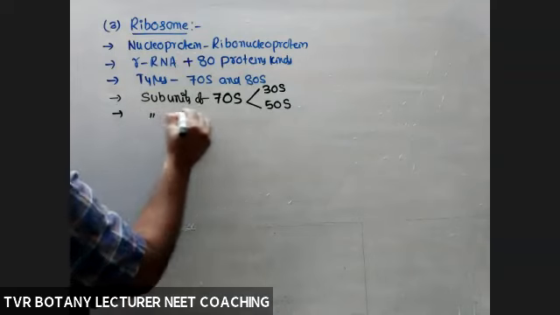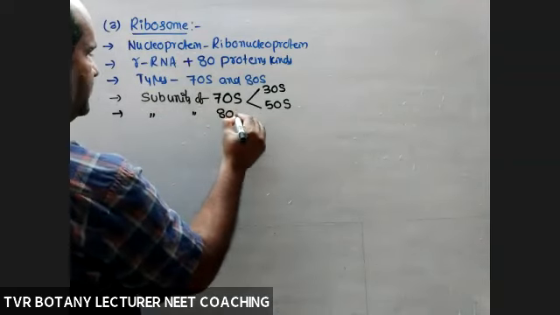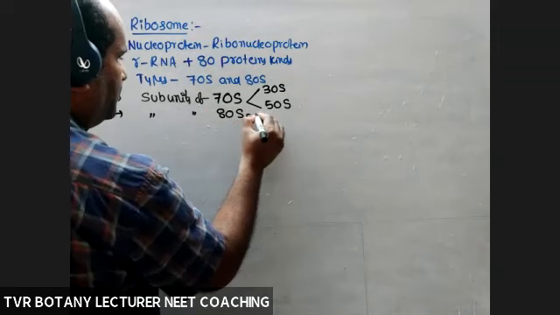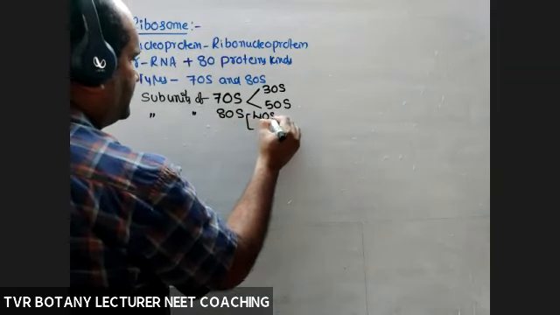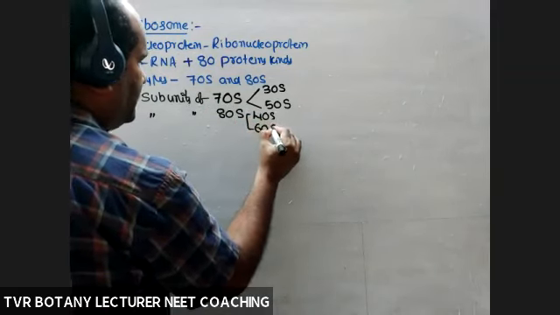Next, subunits of the 80S ribosome: 40S and 60S.